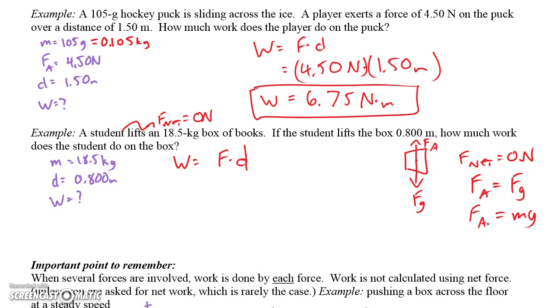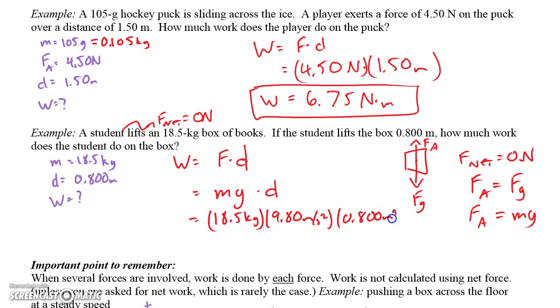Well, now we are at our force, so let's put in the force as mg times our distance. Now we have m, we know g and d, so we can plug everything in now. 18.5 kilograms, 9.80 meters per second squared, and 0.800 meters. And our work is going to be 145 Newton meters.